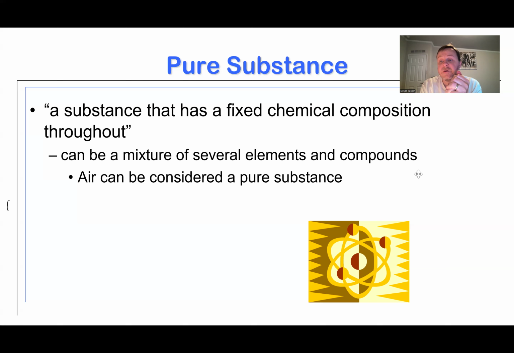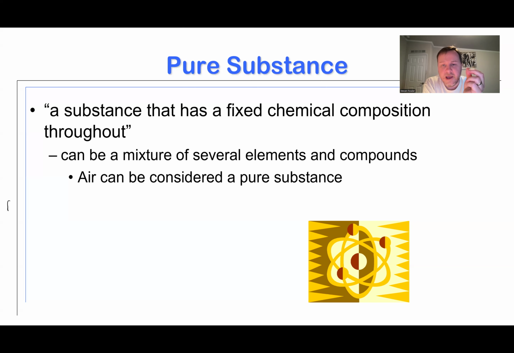The first bit of terminology is the concept of a pure substance. A pure substance simply refers to a substance that has a uniform chemical composition throughout. It does not have to be pure oxygen, for example, or pure hydrogen or pure nitrogen. It doesn't have to be a chunk of pure aluminum.